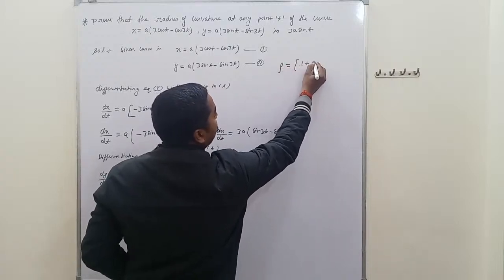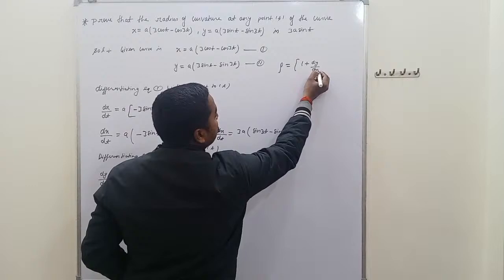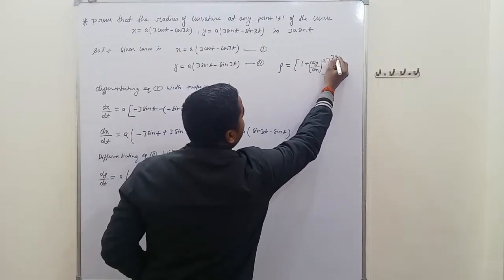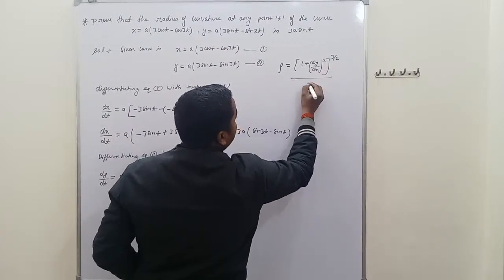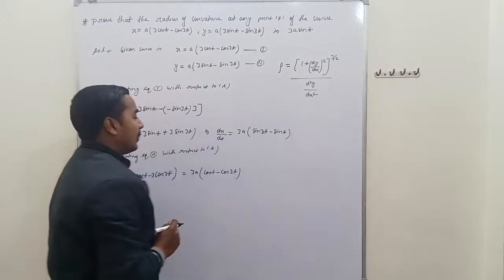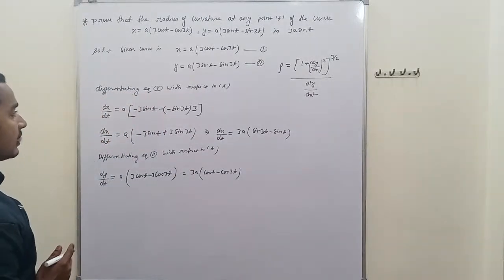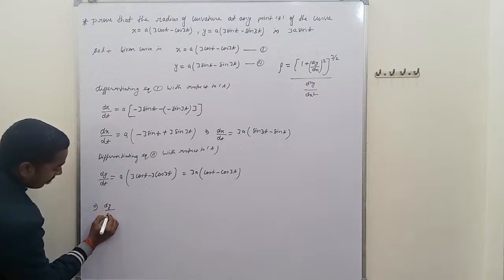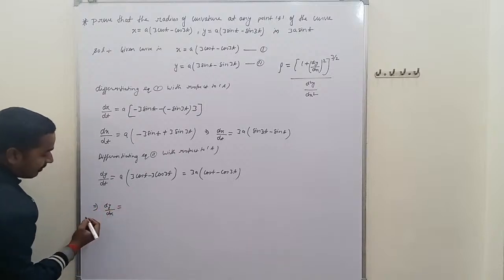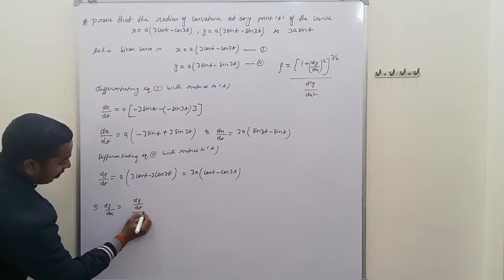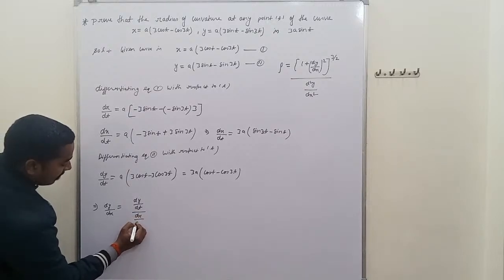Radius of curvature is given by (1 + (dy/dx)²)^(3/2) upon d²y/dx², and we have to find the value of dy/dx. dy/dx is given by dy/dt upon dx/dt.